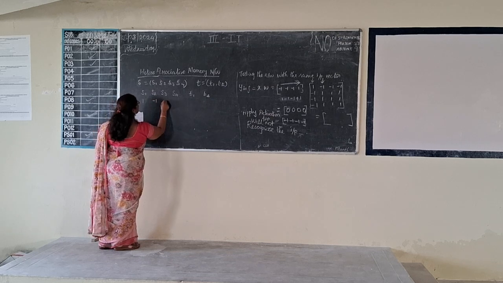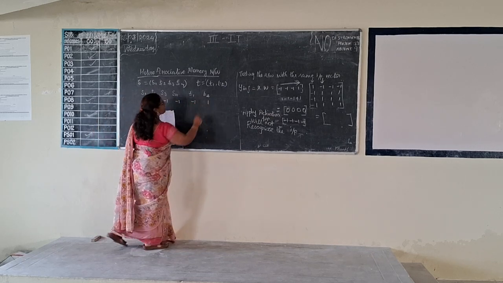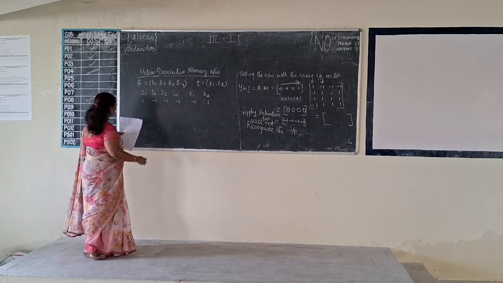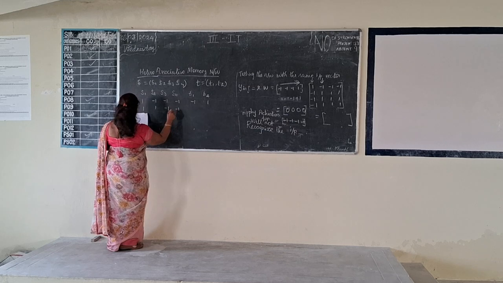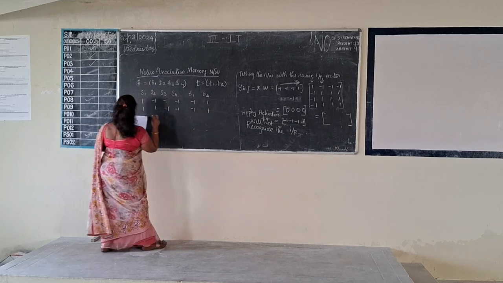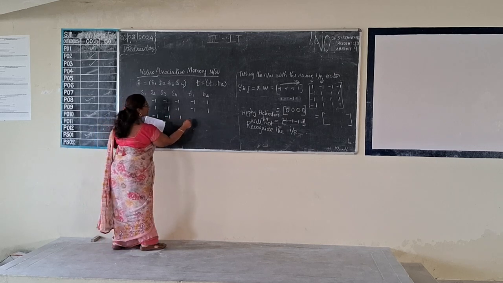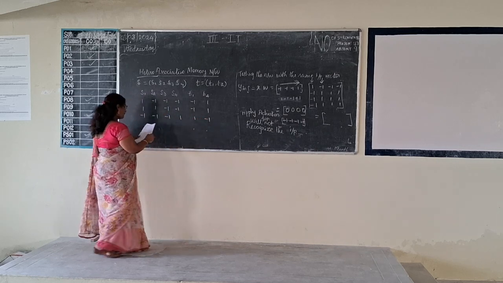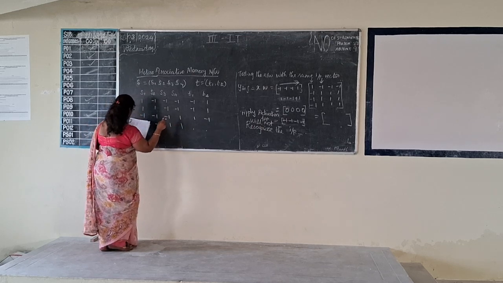Take down the input, and for this the output would be this. Next input: minus 1, minus 1, minus 1, 1. The output is 1 and minus 1. Minus 1, minus 1, 1, 1.